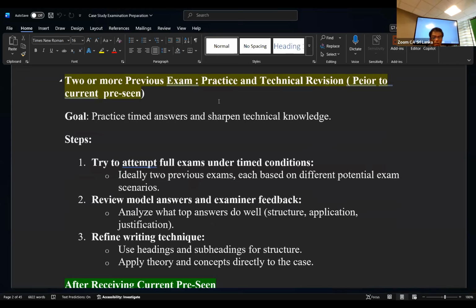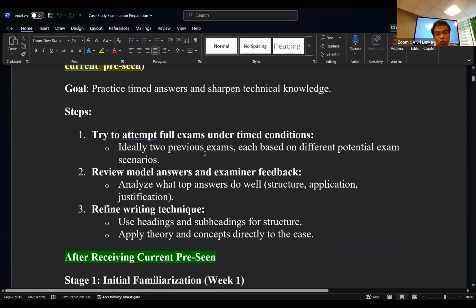Before you get the pre-seen in your hand, you would have gone through the previous exams and read the answers and the examiners' comments. I'd do that before the pre-seen comes into my hand.